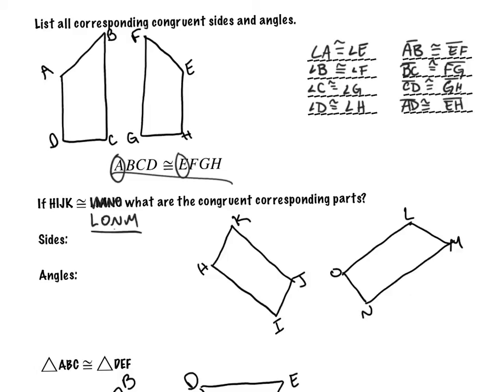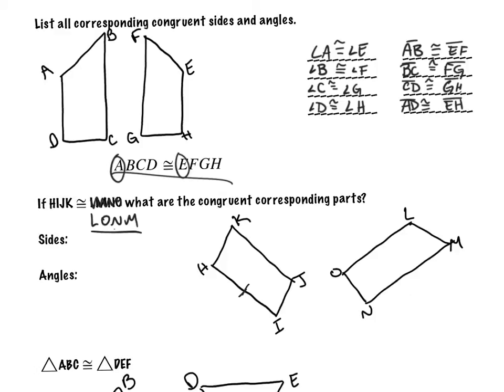One thing I want you to do is, on yours, change the name of that second one to LONM. I had a little typo there or drew the picture wrong. I can label things as congruent just by labeling them in a picture. If I start with HI, that single tick mark tells me congruence.